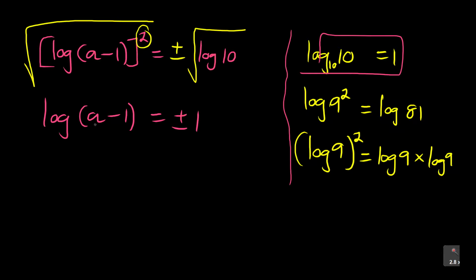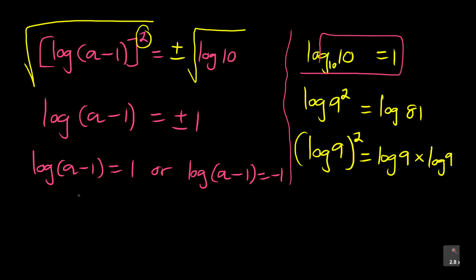Then you've got two versions of the answers: log A minus 1 is equal to 1, or log A minus 1 is equal to negative 1. As I said, there is a hidden 10 there.